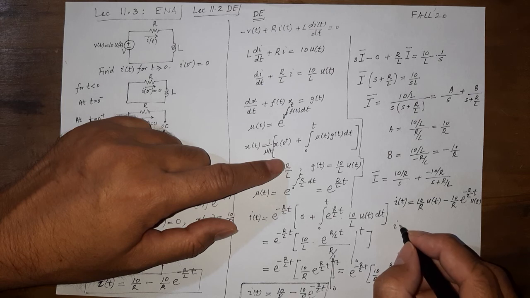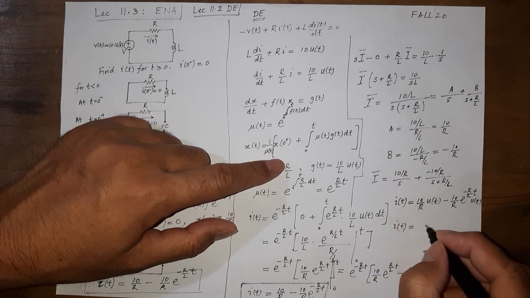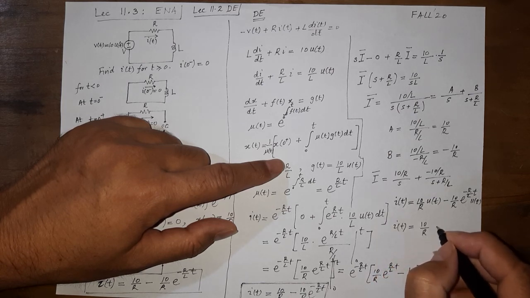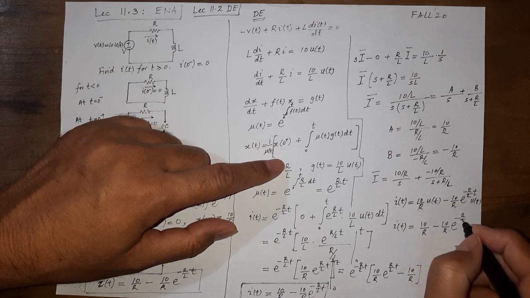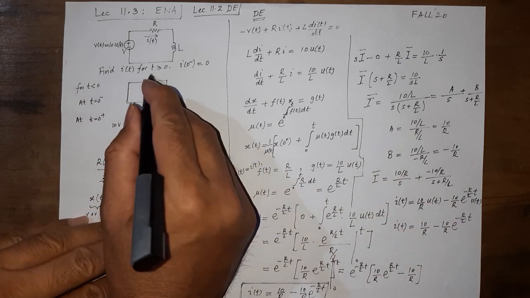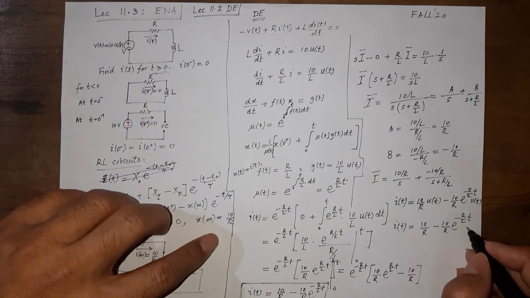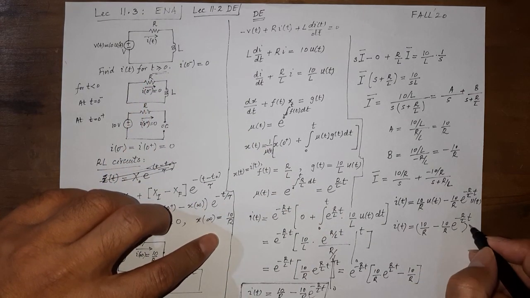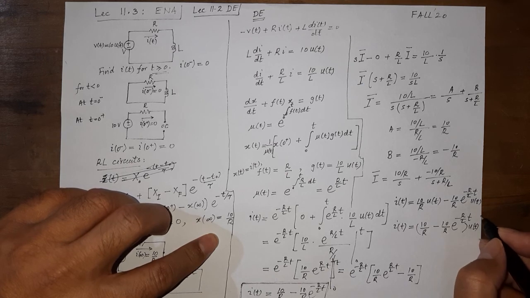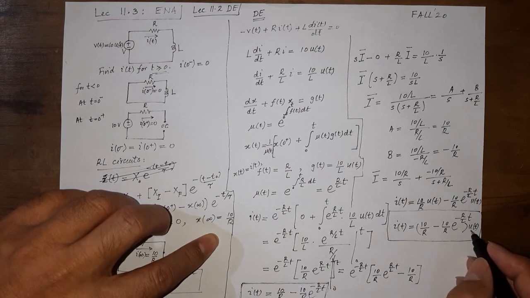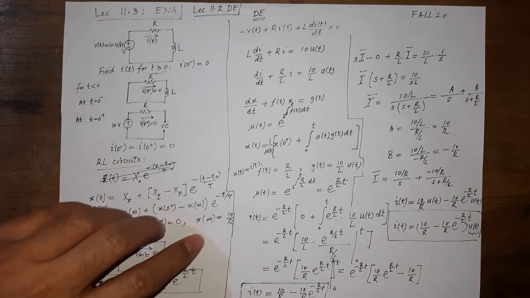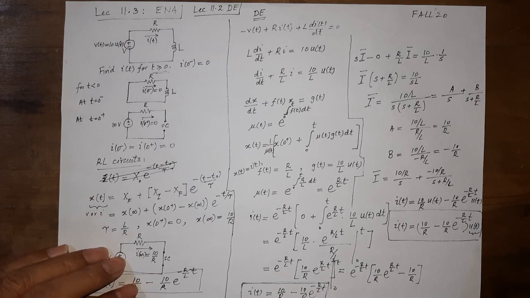Because we are only taking functions for t greater than 0. Remember, we are solving for t greater than 0. So this expression using the Laplace transform has a better notation for applicability for t greater than 0 because of this u(t).